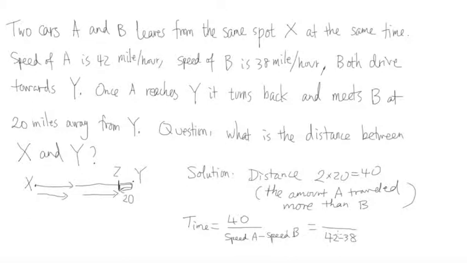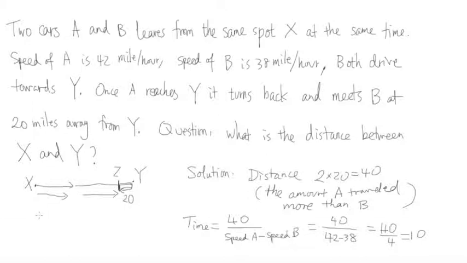Every hour, A travels 4 miles more, 42 minus 38, 4. And in order to travel 40 miles more, you need 40 divided by 4 equals 10 hours. So indeed, A traveled 10 hours before he meets B. So time is 10 hours.